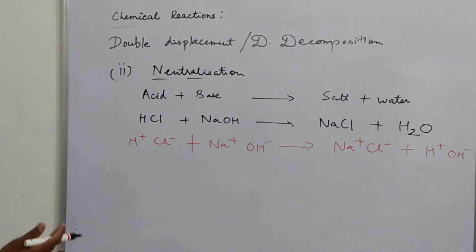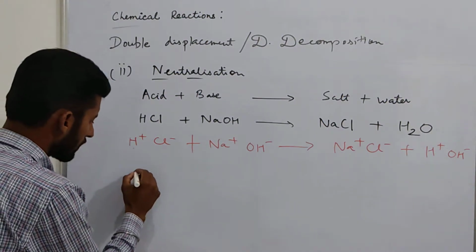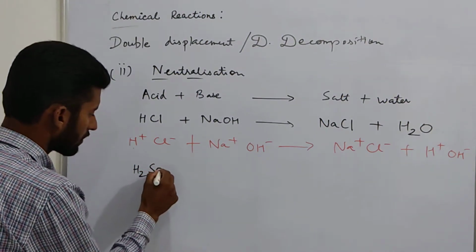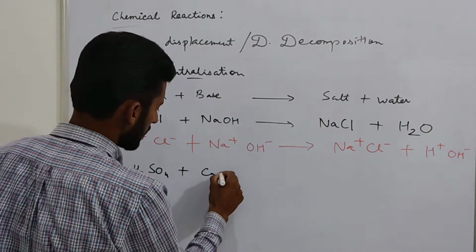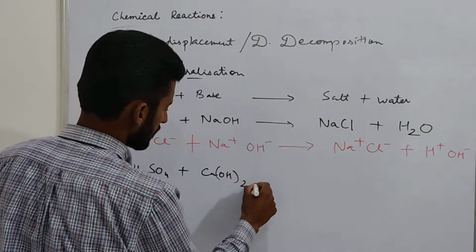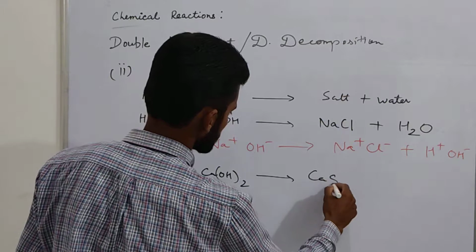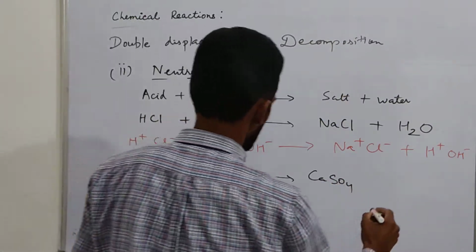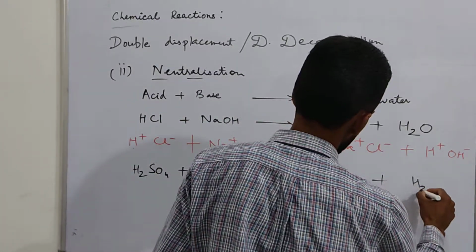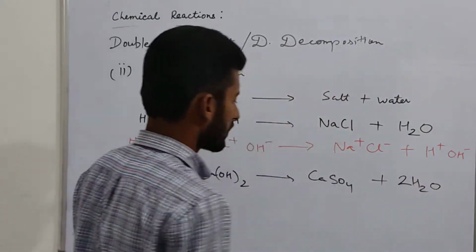Clear? Many more reactions are there. You can write for sulfuric acid and calcium hydroxide. So what is formed? Calcium sulfate will be formed along with water. Clear?